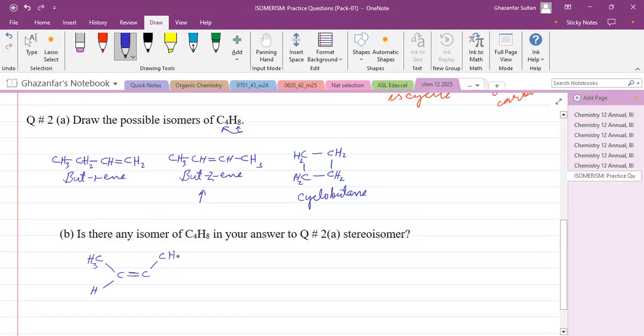So one of the isomer is that which has both the methyl group on same side and hydrogen on the same side. And another group is where in one of them methyl is on opposite side and hydrogen is also on opposite side.